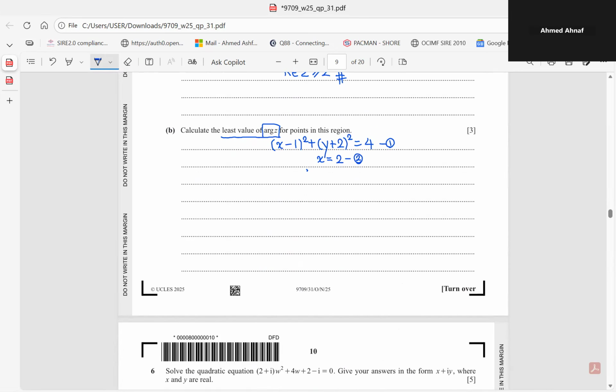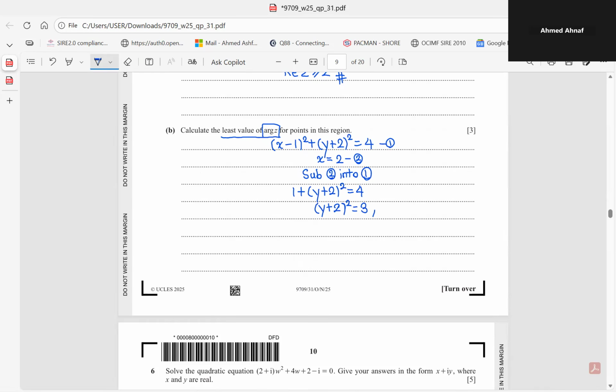So we just sub 2 into 1, and we will take the bigger value of y as our answer. So 2 minus 1 squared gives 1, plus (y plus 2) squared equals 4, so (y plus 2) squared gives 3.